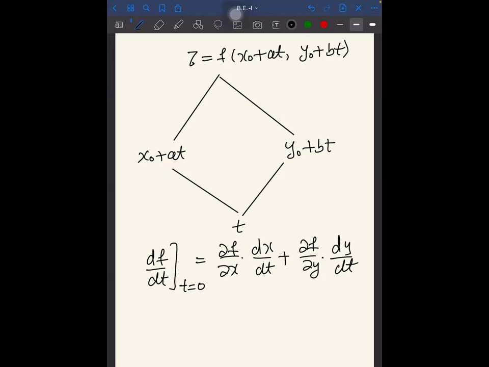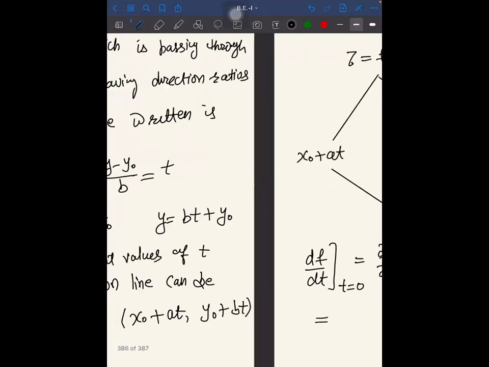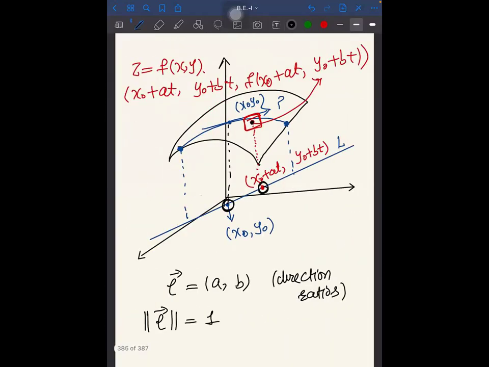Why t is equal to 0? Because we want to determine the slope at x naught, y naught. This is any general point, so if you put t is equal to 0, you will reach over there.